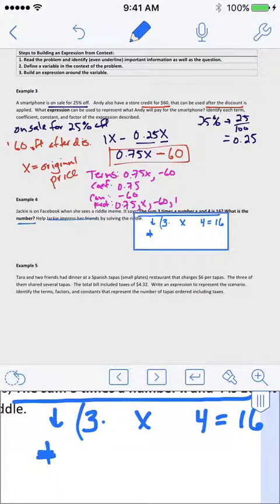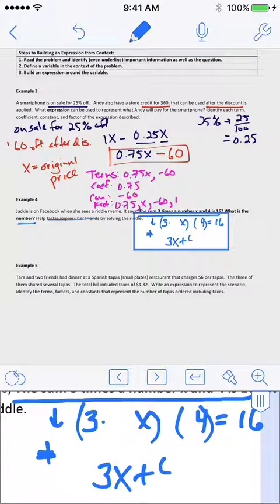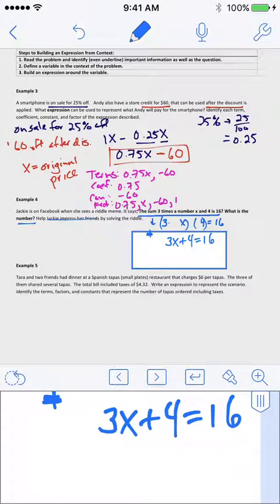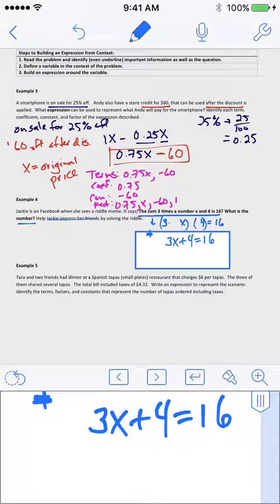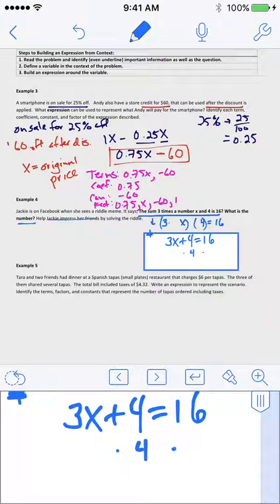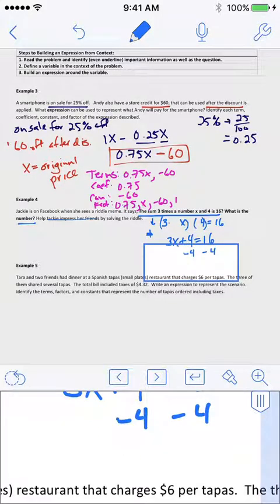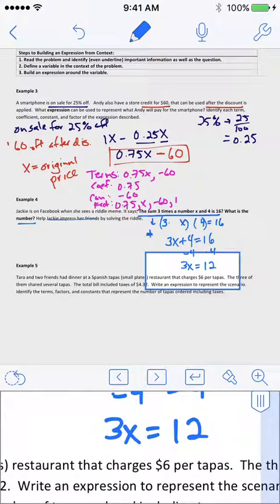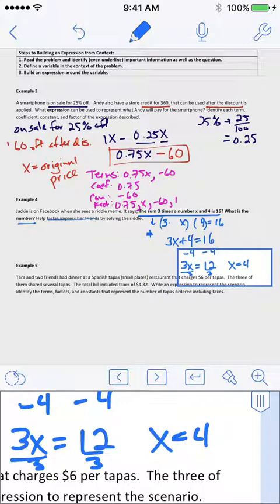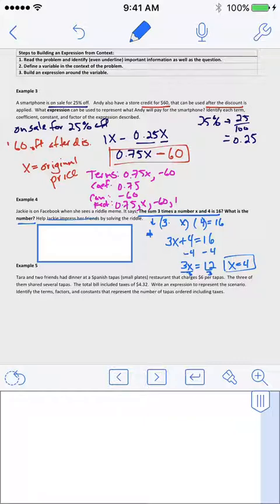So the sum of this and that, we can rewrite as 3x plus 4 is equal to 16. And that's how we'd convert it. Then we can go ahead and solve it. Subtract 4 from both sides, end up with 3x equals 12. Divide by 3, x equals 4, which is all fine and dandy. So the number is 4.